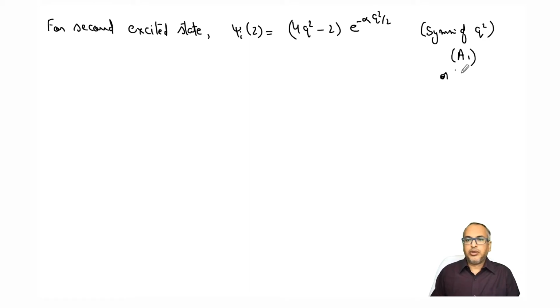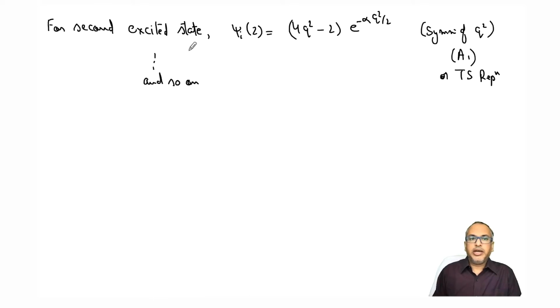Or totally symmetric representation. Similarly, if you go to the third excited state, you will again see that it forms the symmetry of Q alone. So the symmetry of Q will again be equal to the symmetry of the normal coordinate or normal mode, and so on.